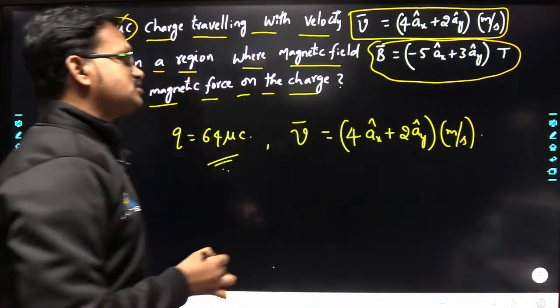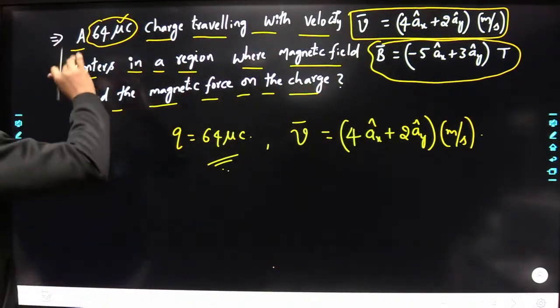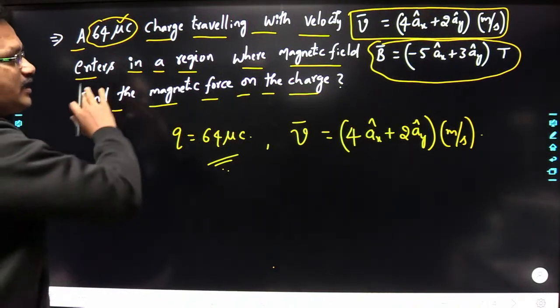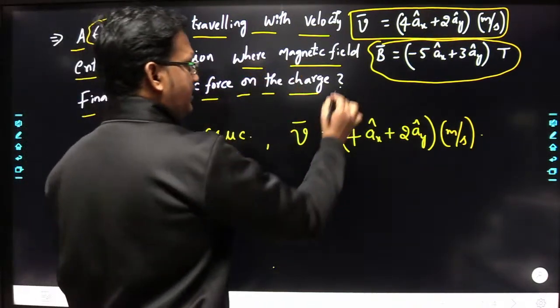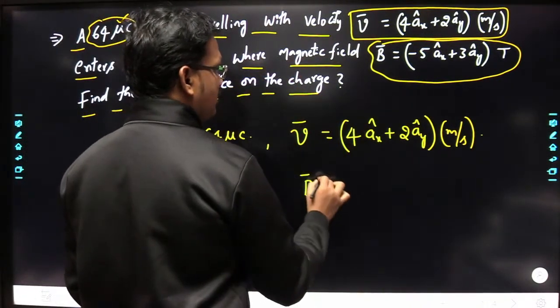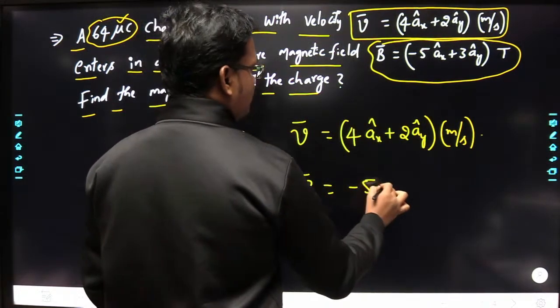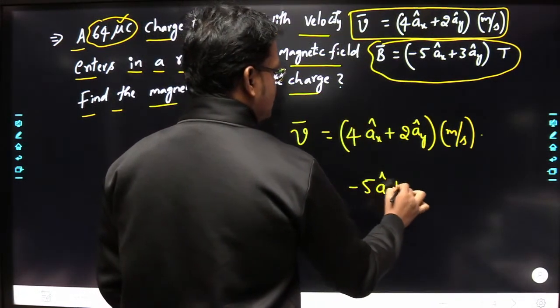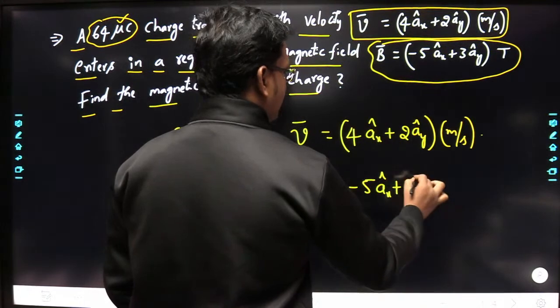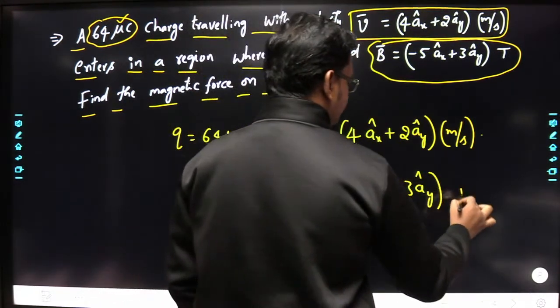This is the velocity with which the charge is moving. It enters into a magnetic field B bar is equal to minus 5 ax cap plus 3 ay cap Tesla.